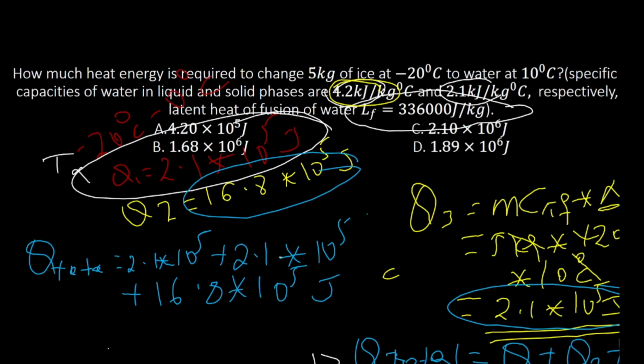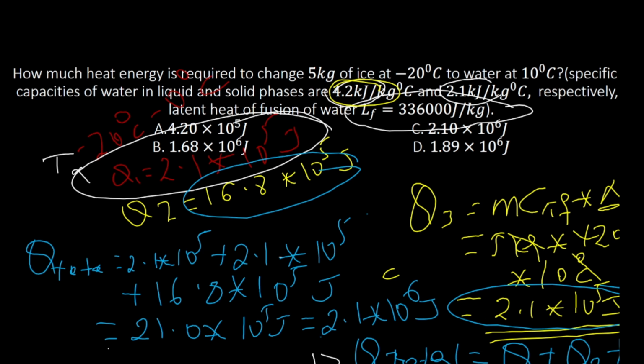When we add this, 2.1 plus 2.1 plus 16.8 is 21.0 times 10 to the power of 5 joule, which is finally 2.1 times 10 to the power of 6 joule. This is the thermal energy that we require at the end to change the temperature of this body from negative 20 degrees centigrade to 10 degrees centigrade.